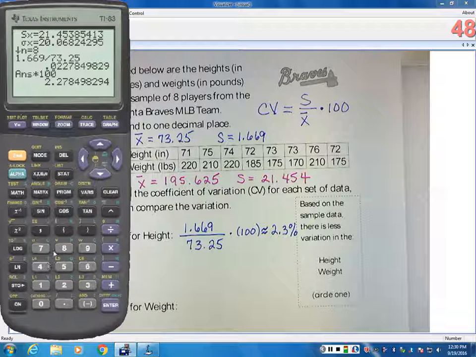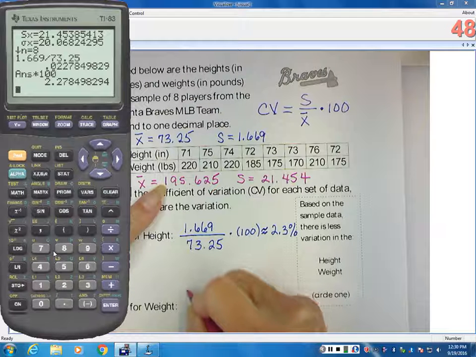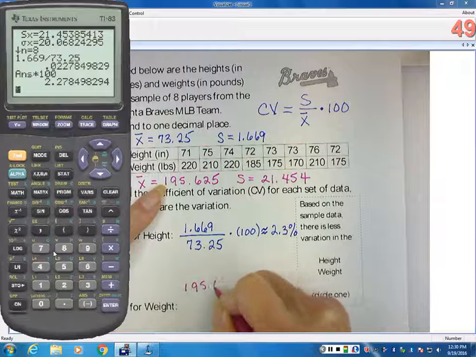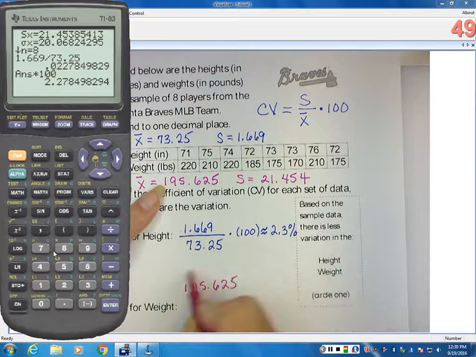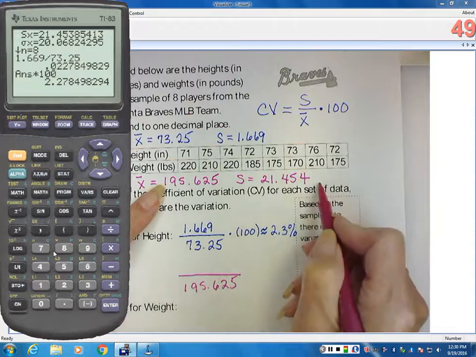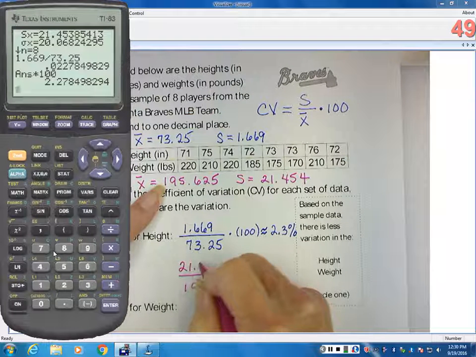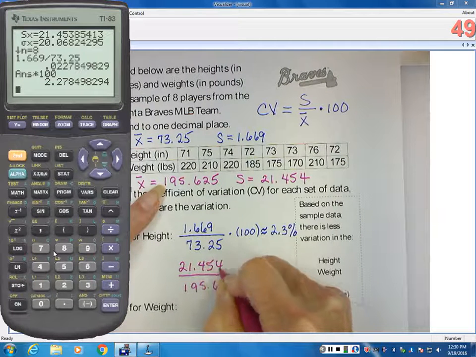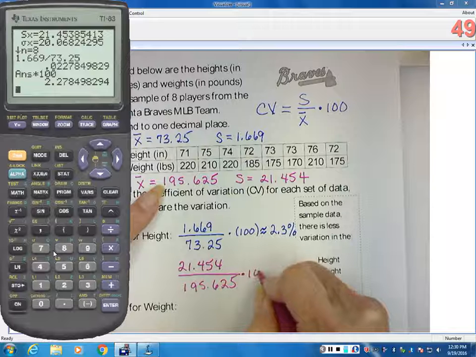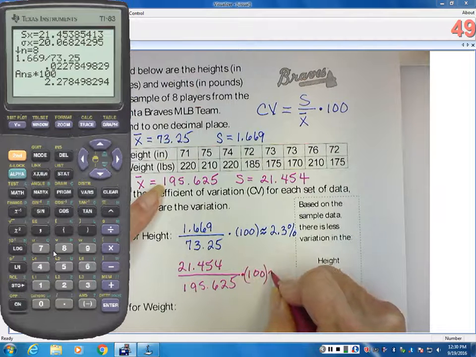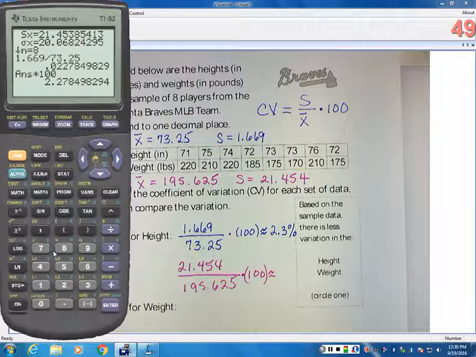We're going to take the mean, which is 195.625, and divide it into the standard deviation. We're going to multiply it by 100 and see what our coefficient of variation is.